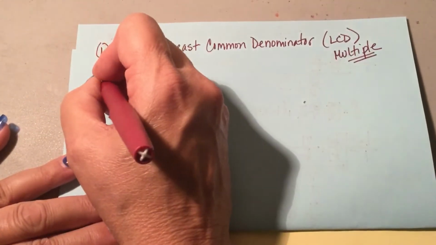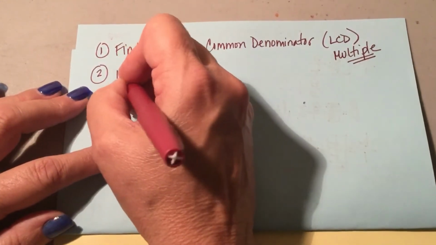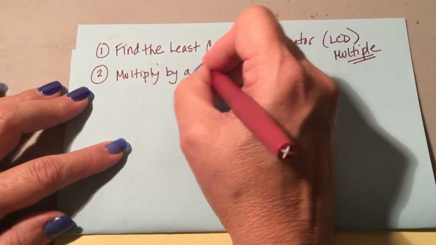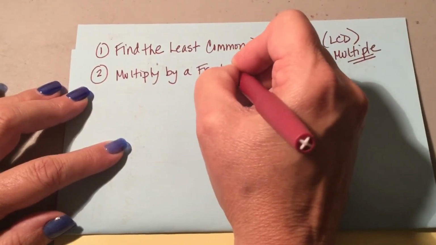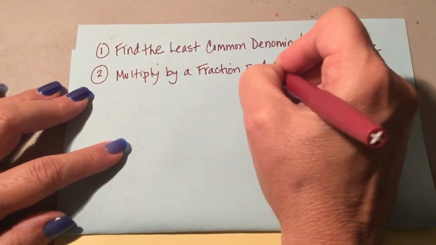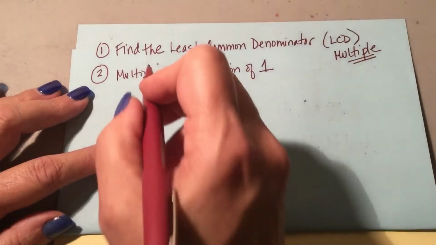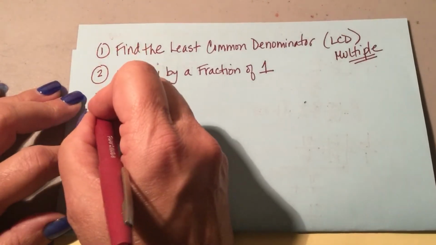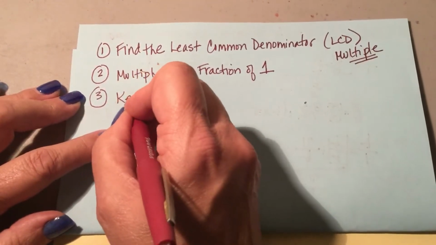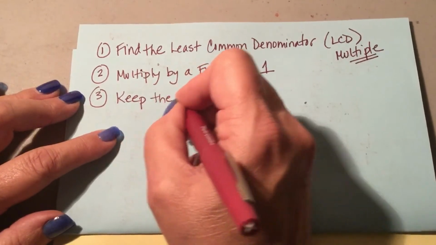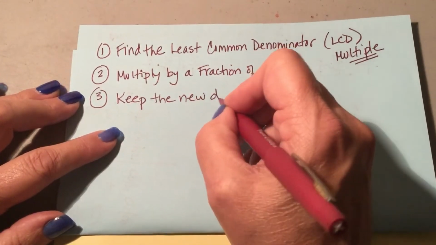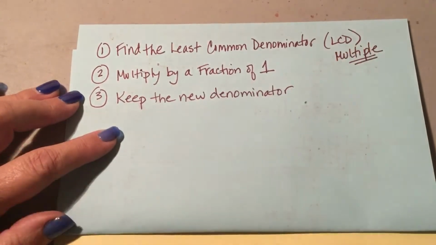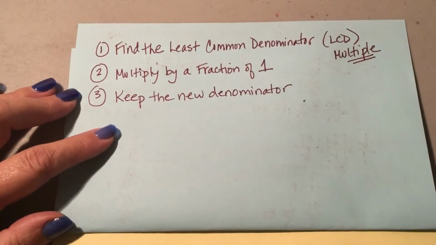Okay, step 2. We're going to multiply by a fraction of 1. Okay, that's step 2. Multiply by a fraction of 1. Step 3. Keep the new denominator.